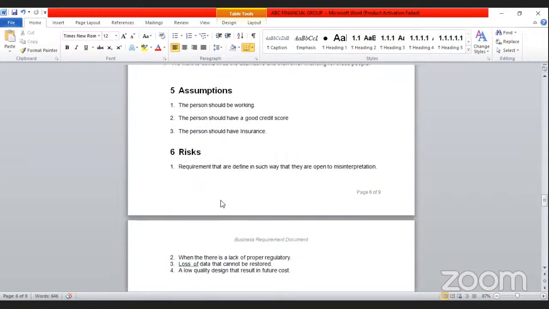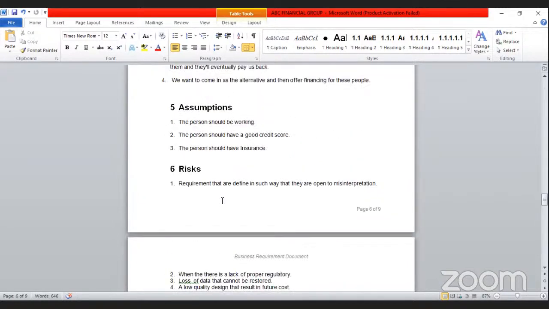Isaac, sorry, and then on assumptions, the person should be working. Does that have to do with the credit score? What if temporarily the person is not working but still has a credit score?